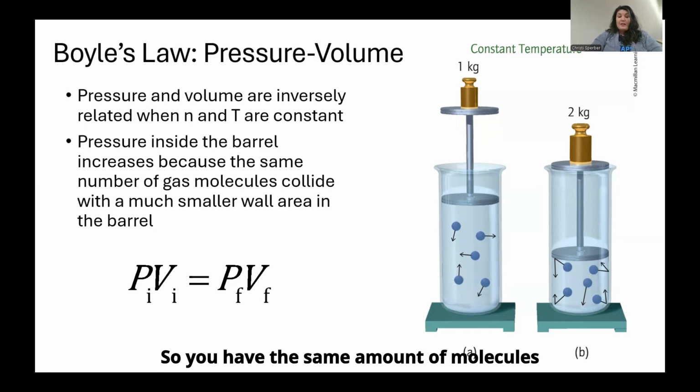So you have the same amount of molecules, but they have less area to move around, so they're hitting the walls a lot more. The equation for Boyle's law is the initial pressure times the initial volume is equal to the final pressure times the final volume.